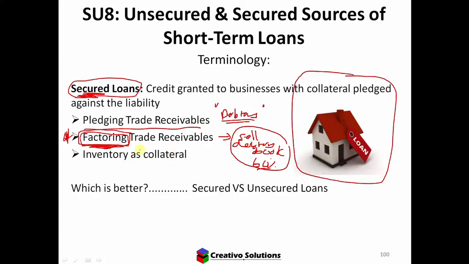Some businesses might have a lot of money outstanding. Let's assume it's a massive business with 100 million outstanding, and they don't want to wait 60 days, 90 days, 120 days to collect. They could go to a factor, a debt collector, and say, give us 60 million today, the rest you go collect.